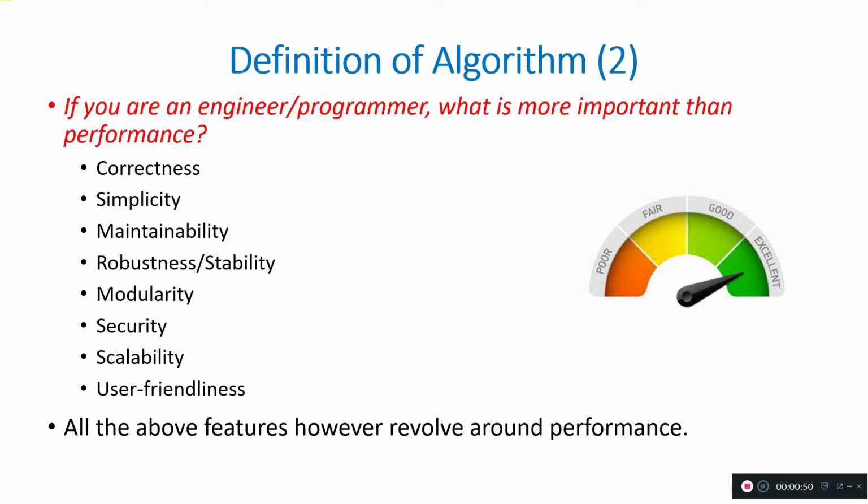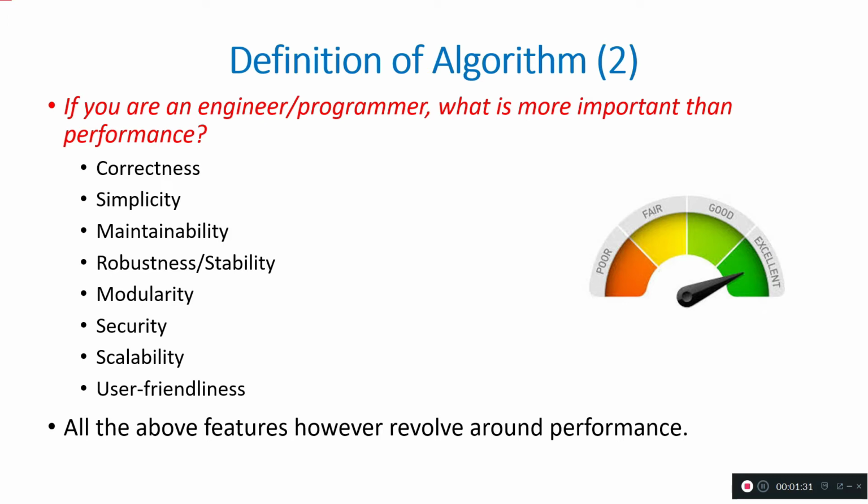Robustness or stability, which refers to the fact that your code should not freeze or stop working abruptly. One of the most important features is modularity, where the code should be broken down into smaller parts. Doing so allows us to concentrate on the part that we need to change without having to worry about the remaining of the code. It also allows for code reusability, which means write once and reuse many times. Security is another feature which should protect the code from being attacked intentionally.